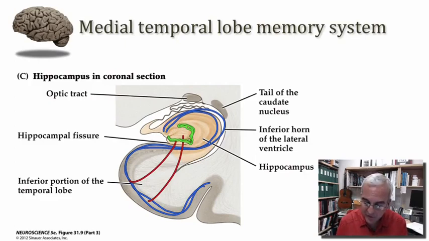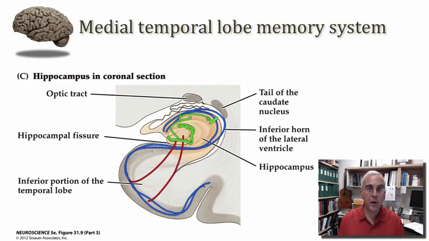So the dentate gyral cells then project to other neurons in the hippocampus, and there are yet additional associational connections, and it's those associational connections that we studied in Unit 2 when we looked at the synaptic basis of long-term potentiation and long-term depression. We think that these synaptic changes are the cellular and synaptic mechanisms that are responsible for consolidating memories.